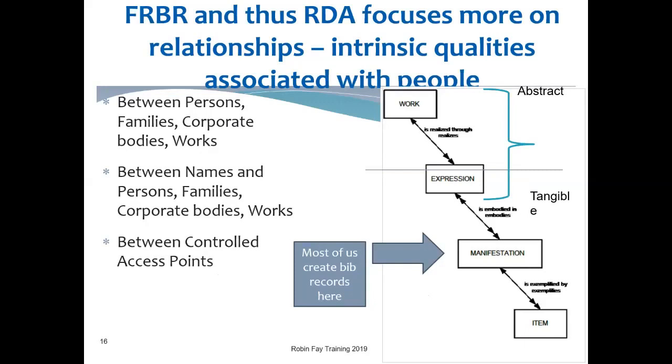So when you looked at a MARC record before RDA, you would know, or you could assume, based upon the information in the 100 field and its relationship to the 245. So that relationship between the authorized form of the name in the 100 field and the statement of responsibility in the 245, you could assume that the person that wrote the book was in that statement of responsibility, because that was the information recorded there.